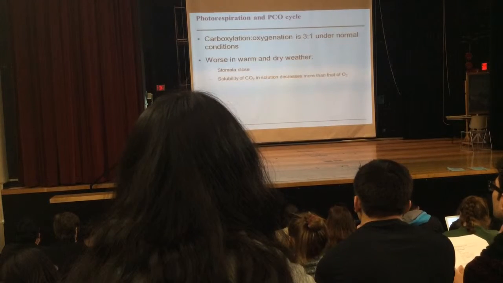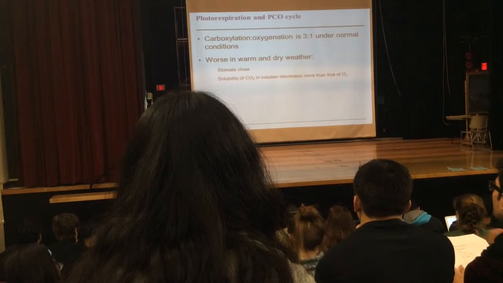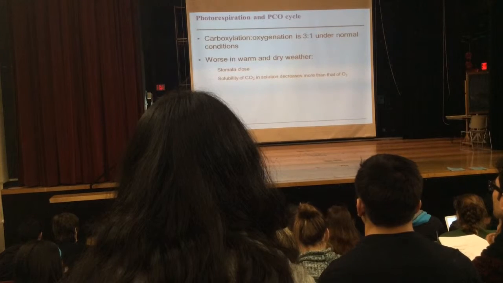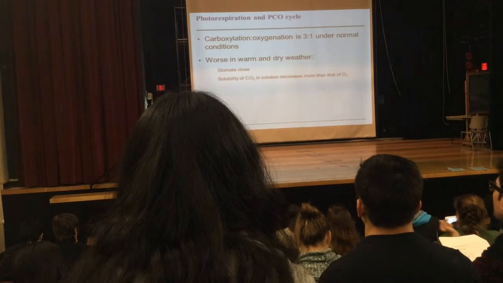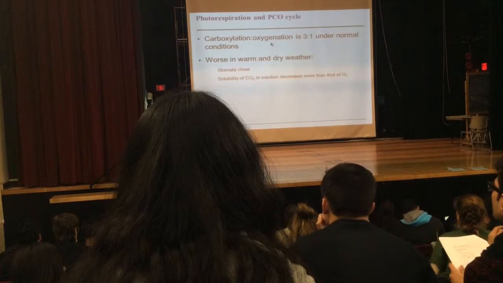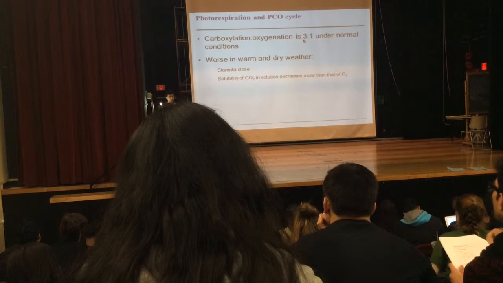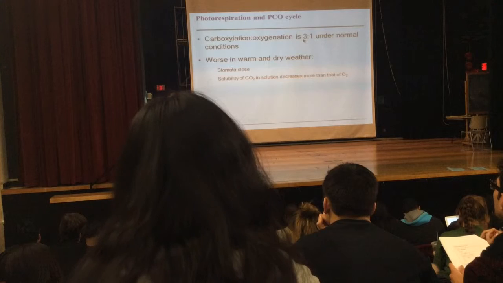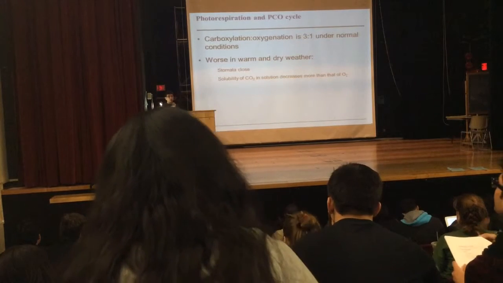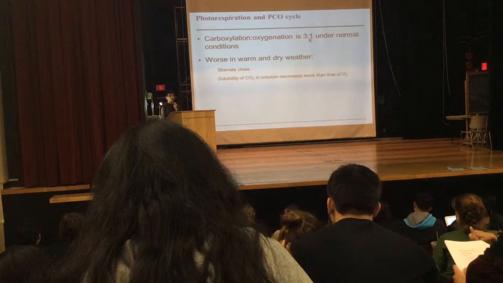So, before we talk about that, you have to consider that under certain conditions, this problem becomes a bigger problem for plants. So for most plants, which are called C3 plants because the first product of the Calvin cycle is a 3-carbon compound, the ratio of carboxylation to oxygenation is 3:1 under normal conditions. So even though the enzyme has 80 times more affinity for CO2, because there's so much more oxygen in the atmosphere and therefore so much more oxygen in the solution in the stroma, this comes to 3:1.